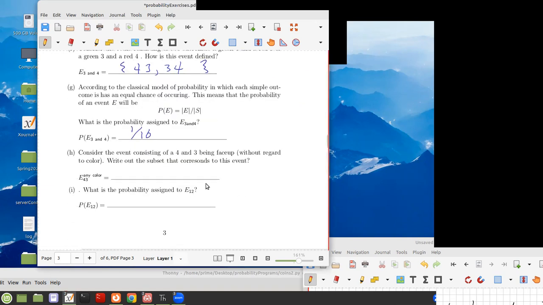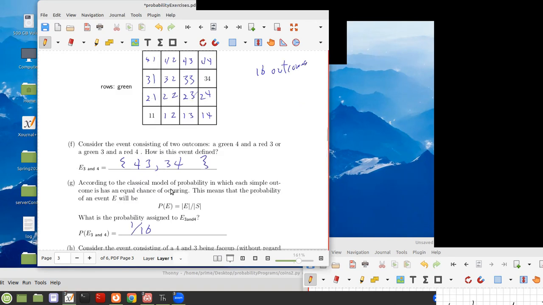Why isn't it 1/8? It should be 2 over 16. Okay, and I think you're right. This is 3 and 4, right? This is a 3, this is either one, so there's 2 events here. So it should be 2 over 16, which equals 1/8.